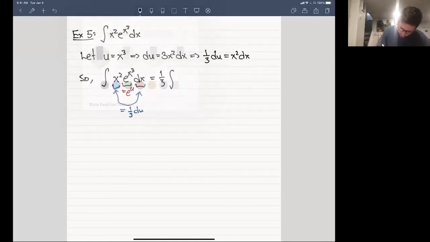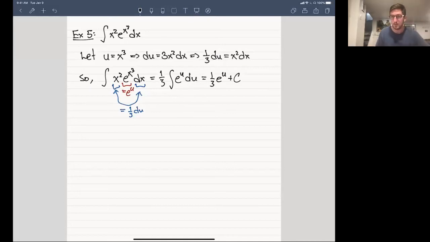And so everything together, e to the u du. Now I'm left with an exponential function to find an antiderivative of. And the beauty of exponential functions is that they differentiate into themselves. And so that tells me that the antiderivative is again itself plus c. And then finally, put everything back in terms of x. So I get 1/3 e to the x cubed plus c.